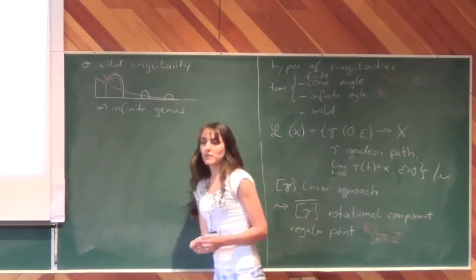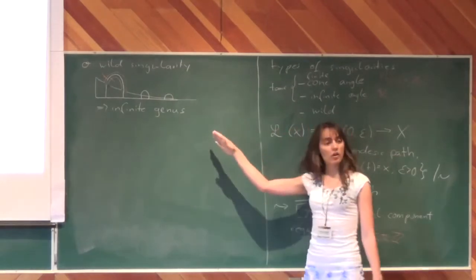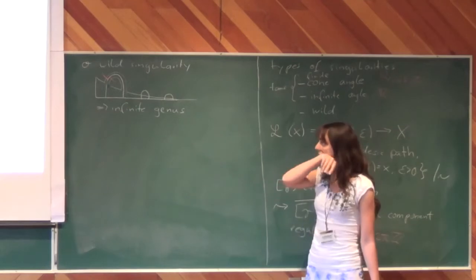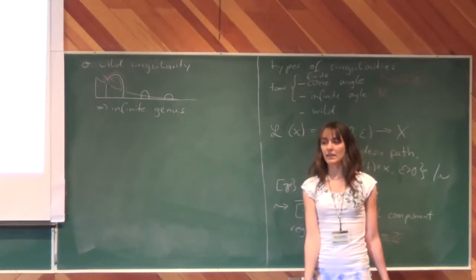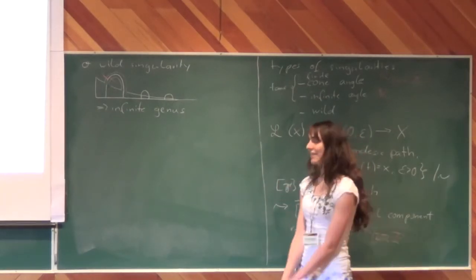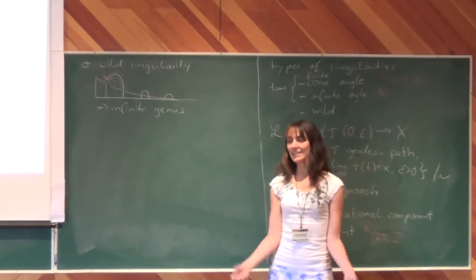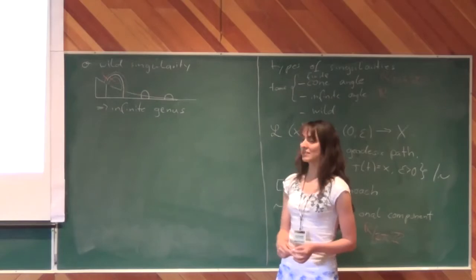And it would be very nice if this would work for all wild singularities on finite area surfaces, because this would have very nice corollaries. Ask Ferran about the analytic view of these surfaces.